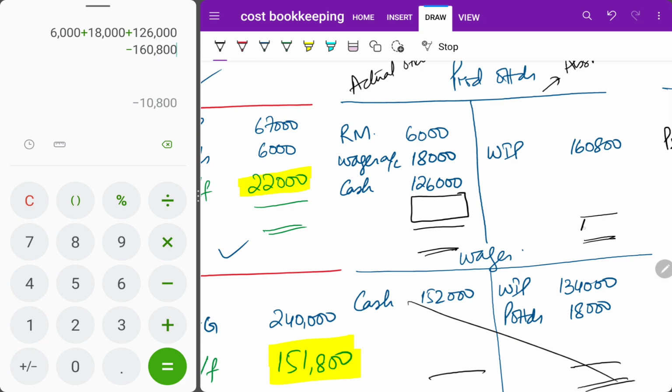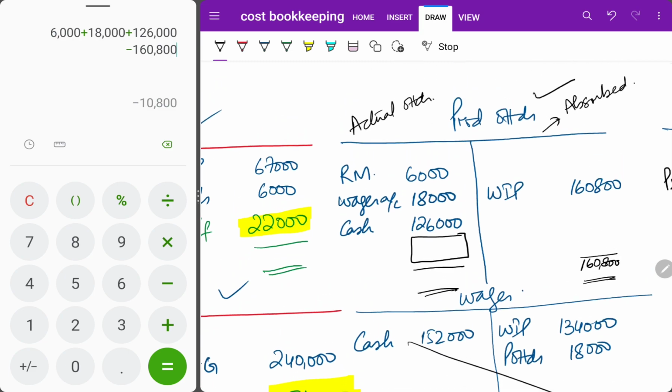If the balancing figure is on the debit side, what is this representing? On the credit side we have absorbed overheads, so this means absorbed overheads are higher compared with actual overheads. So we can write here that 10,800 is over absorption.